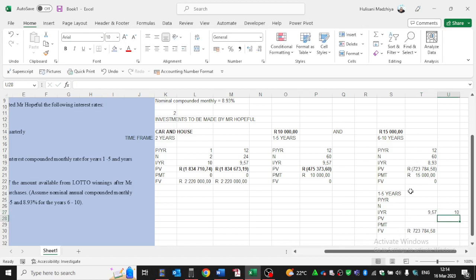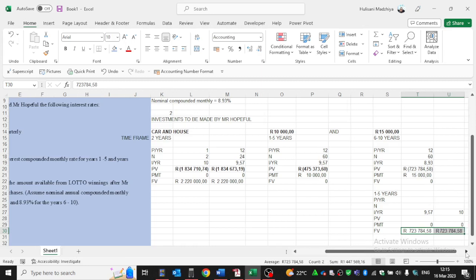For this investment of 723, which is going to end at the end of year 5, and be the balance at the beginning of year 6, from year 1 to 5 there are no withdrawals that will be made. So we're going to have a 0 PMT.